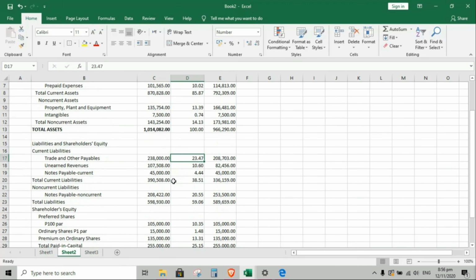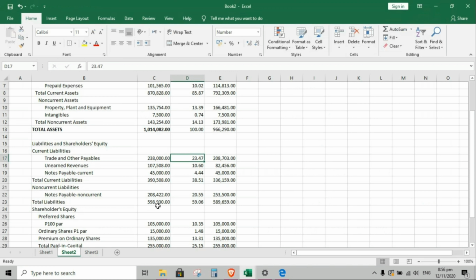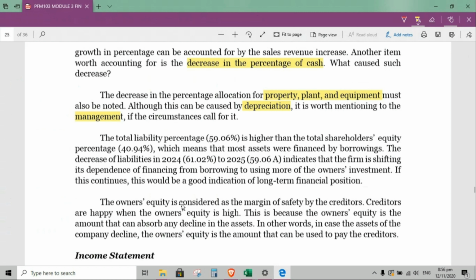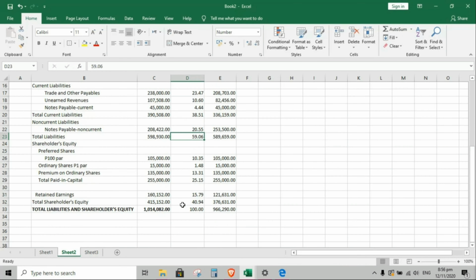So, kung makikita mo, dami niyang payables, 23.47%. So, total liability niya is 59%, diba? Ang laki. So, anong ibig sabihin niyan? Kung compare mo yung liabilities at saka shareholders equity, ang layo na agwat.